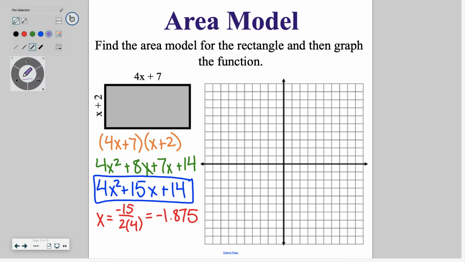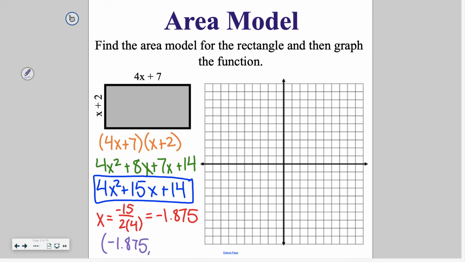Now we're going to plug that back in. So you would plug that back in and say 4 times negative 1.875 squared, plus 15 times negative 1.875, plus 14. And once you do that, you're going to get your vertex point is at negative 1.875. And then that y value ends up being 0.625.